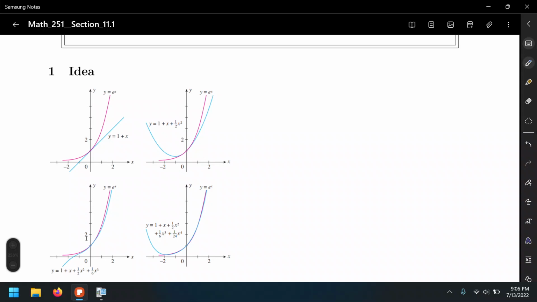So back in Calc 1, you did what we call linear approximations. And all you did is basically find the equation of a tangent line at a given point.